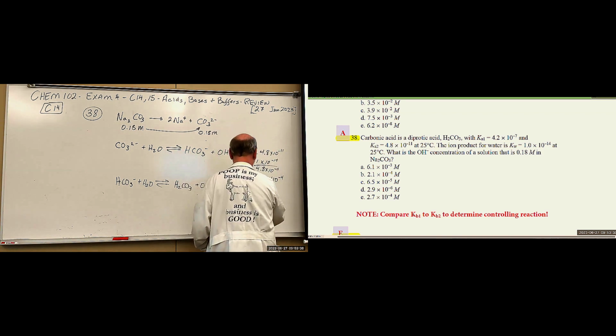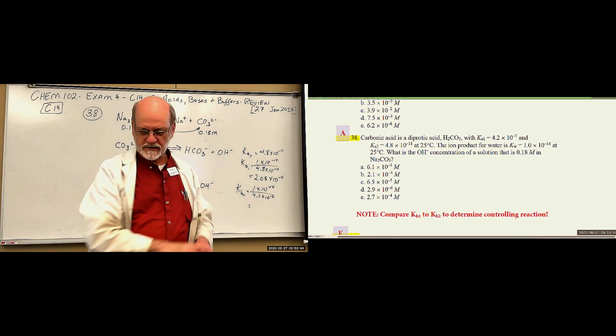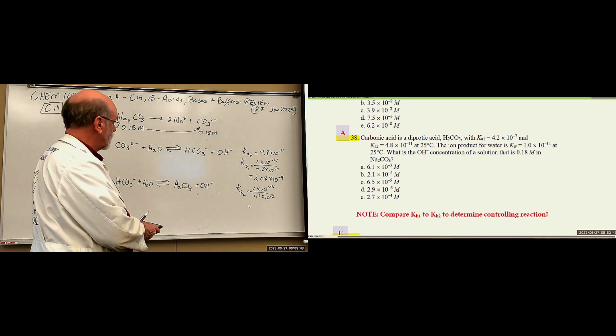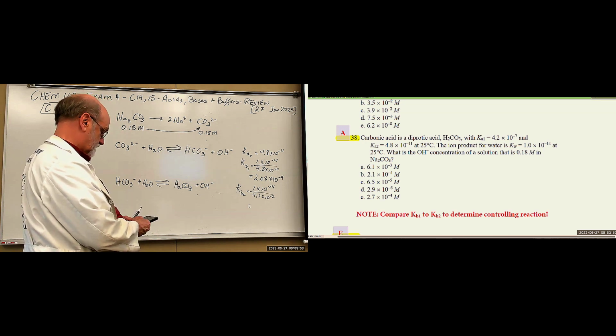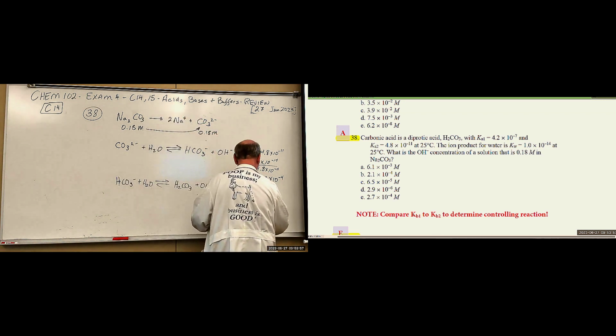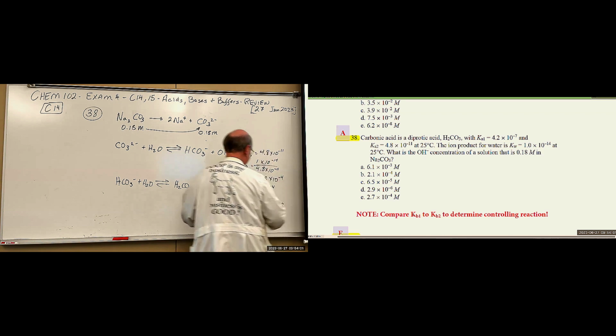Right? All right, so let's see what that one is. This is 2.38 times 10 to the minus 8.